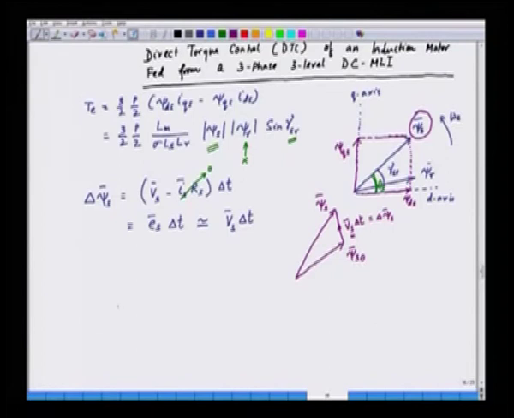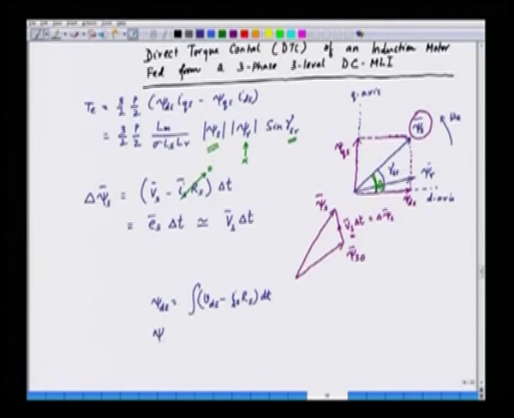In fact, psi ds is equal to the integral of Vds minus IDS RS dt. We know the voltage in the d axis, we know the current IDS, so we can find psi ds.